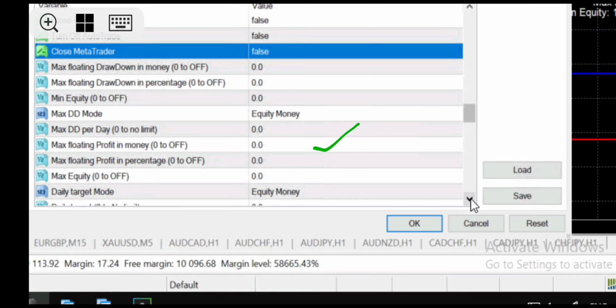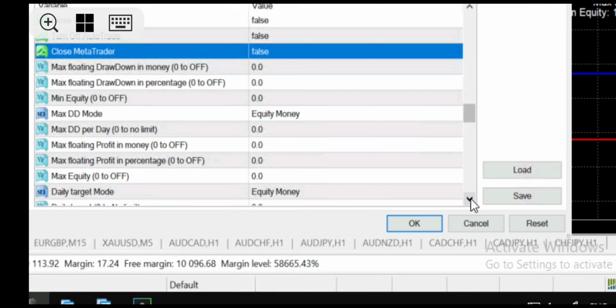Or if I just set maximum floating profit to maybe $100, should I have any running position that reaches $100 floating, it would close the position. Or if I set it to $5, any moment in the day that my floating profit is $5, then it will close the position.